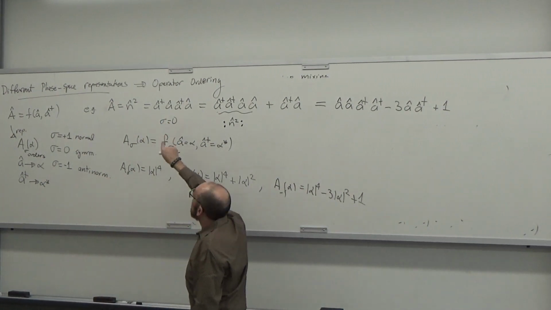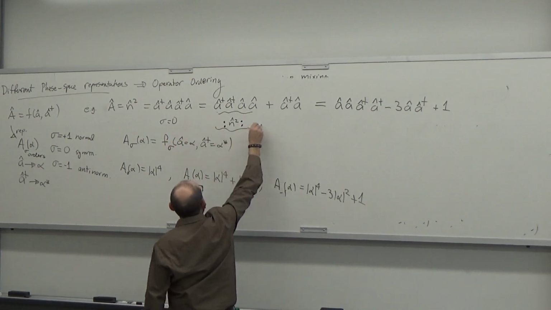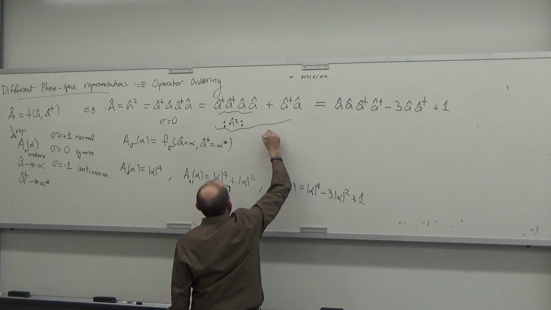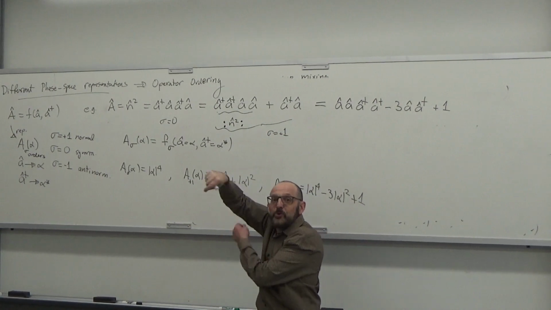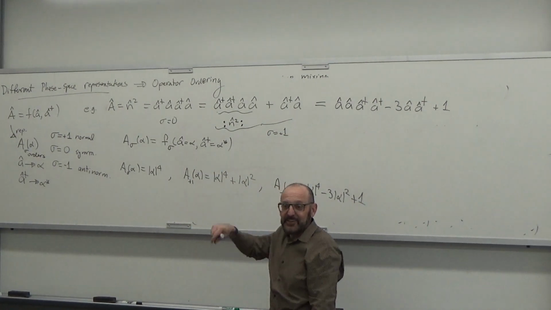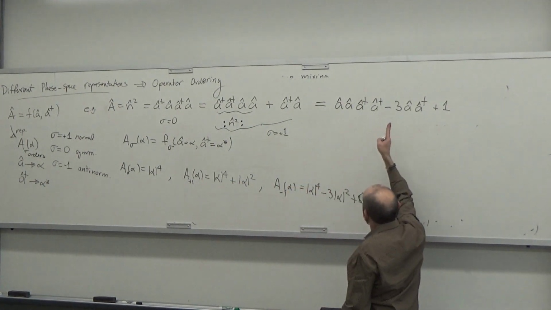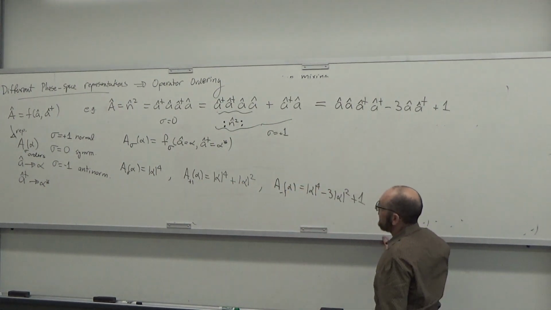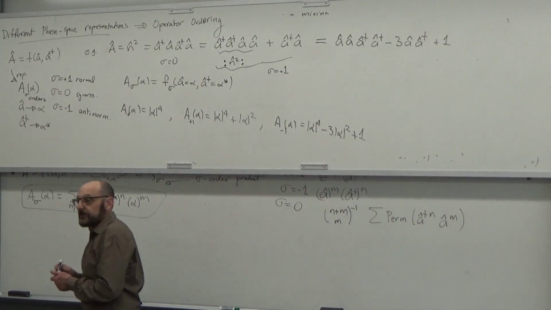This guy is the symmetrically ordered version of that. This guy was for sigma equals +1. That's to say we by hand moved the A's and A daggers around in order to see what the coefficients were. And for each of these sets of coefficients, we had 3 different functions, right?